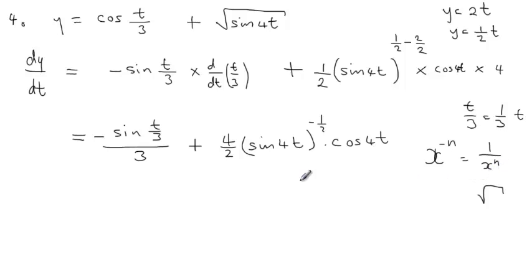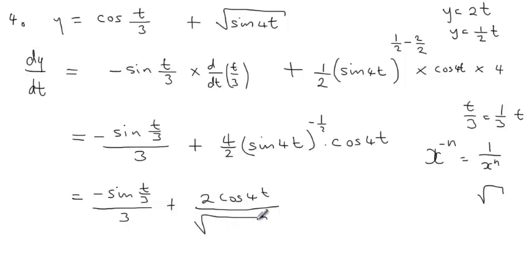So we can write this nicely as minus sine t over 3 plus 2 cos 4t over a beautiful square root of sine 4t.